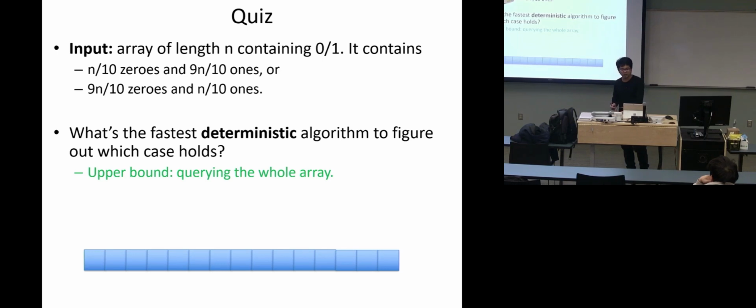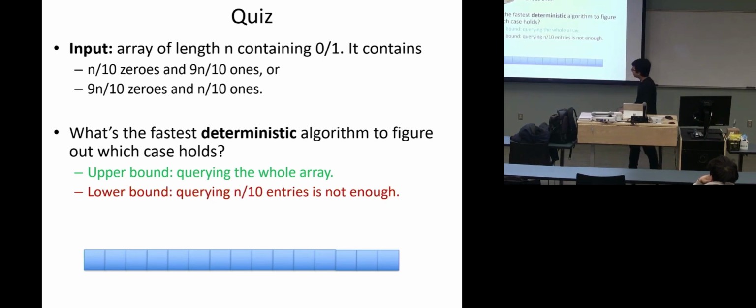Let me try to give an even simpler argument. Let's say I query just n over 10 entries. It can be the case that I only see 0. I'm so unlucky that all I see are zeros.